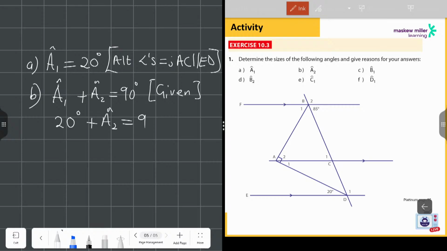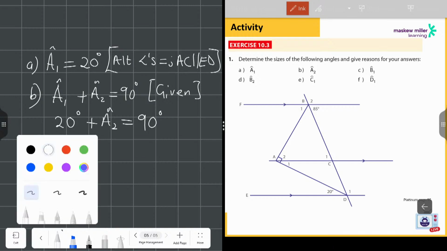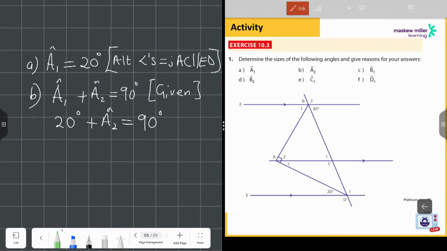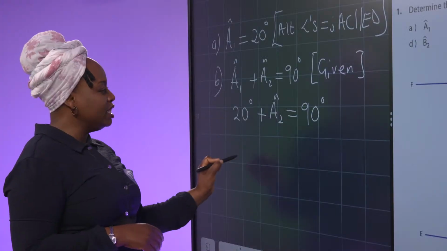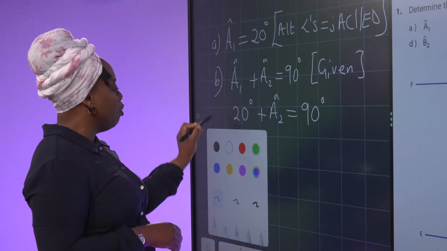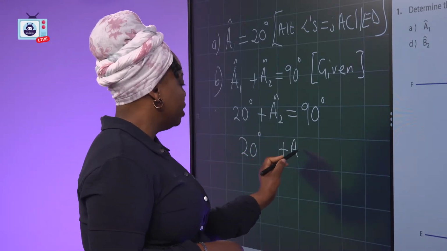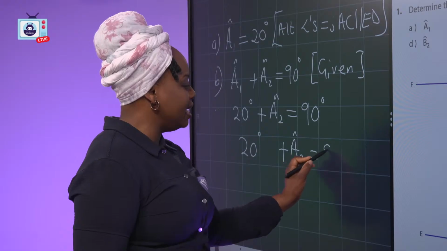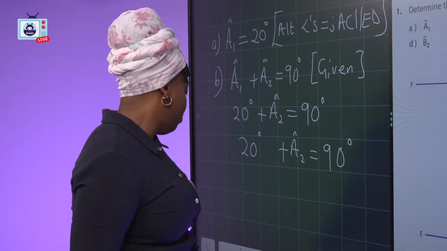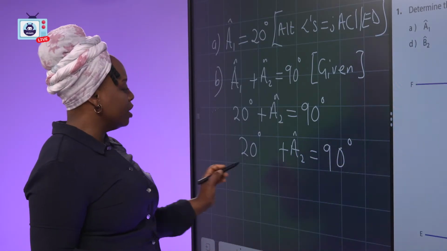So can you see that algebra is everywhere? Because that is what I am literally doing now to introduce algebra. So I'll remove the 20, but remember, for me to remove that 20, I need to subtract it both sides. So let's quickly do that, subtract the 20 both sides for us to get to the solution.